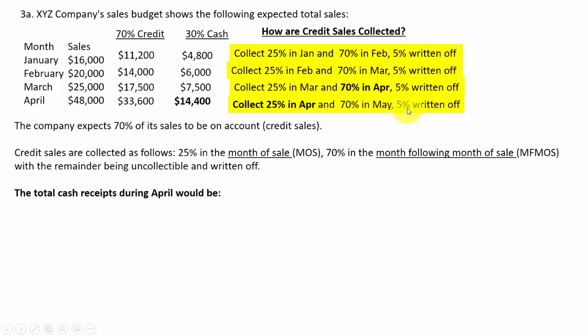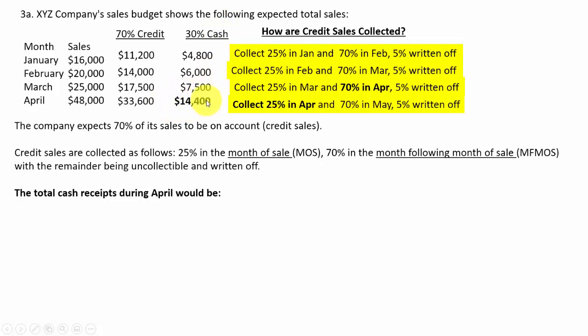Now, here's what the question wants to know. What are the total cash receipts during April? Total cash receipts mean from cash sales and from credit sales. So automatically in April, we know that the cash sales are $14,400, and we'll definitely be collecting that.